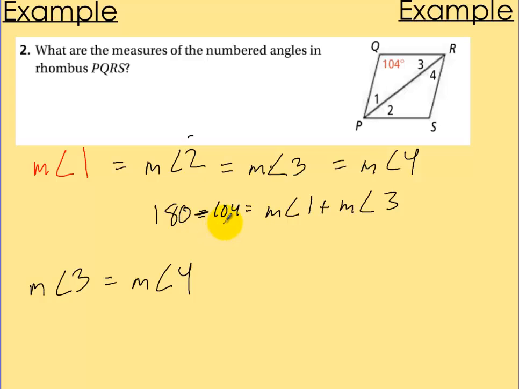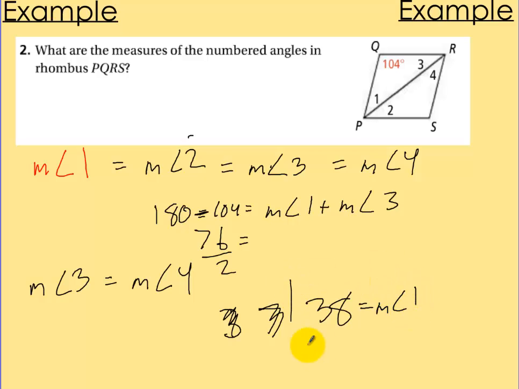They're both going to be the same, so 76 equals both those measures. 76 divided by 2 is 38. So the measure of angle 1 equals 38, and that means everything equals 38.